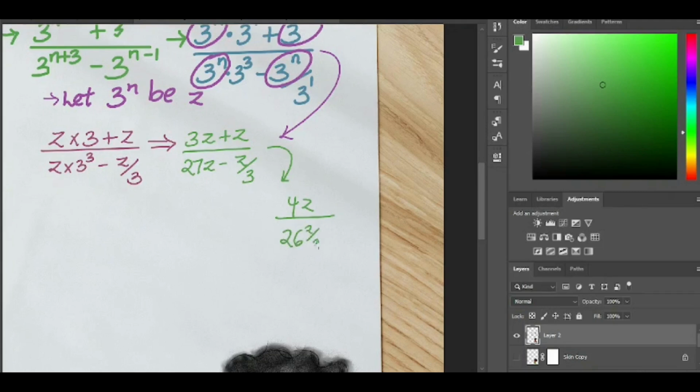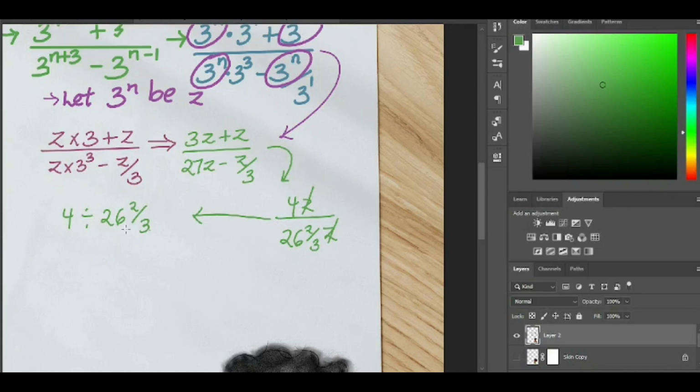So in this particular case, z and z will cancel out, and when they cancel out, the only thing we are going to remain with is 4 divided by 26 and 2 over 3.